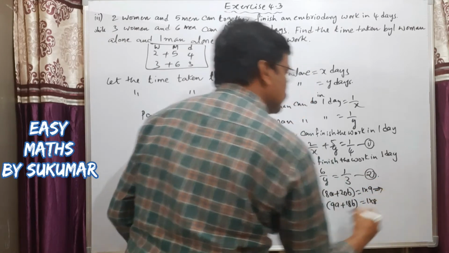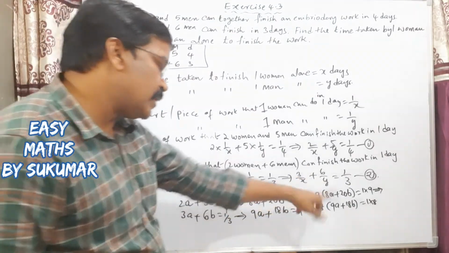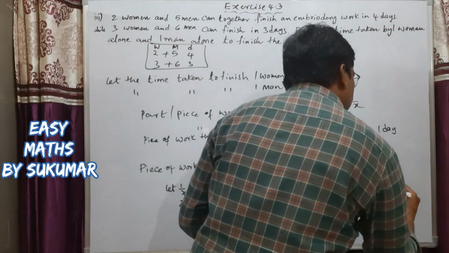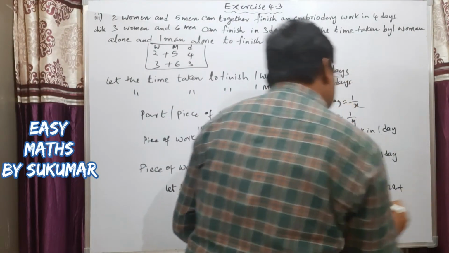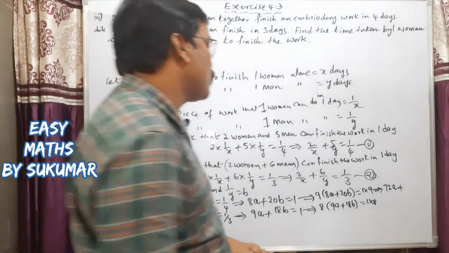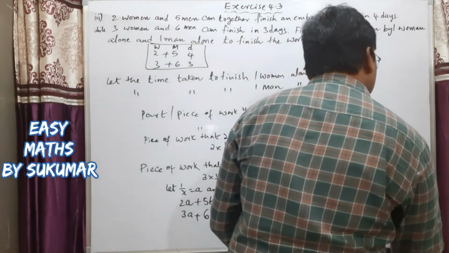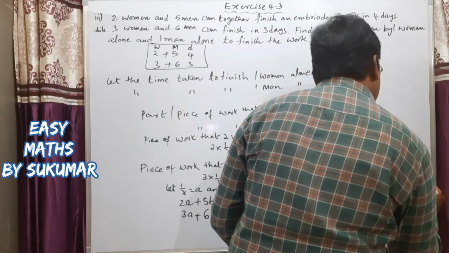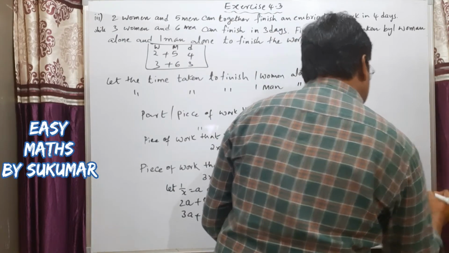Now these equations are changed to 9 8s are 72a plus 9 20s are 180b is equal to 9.